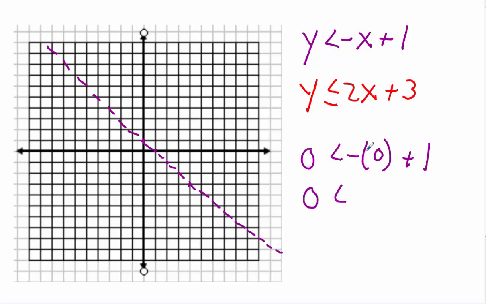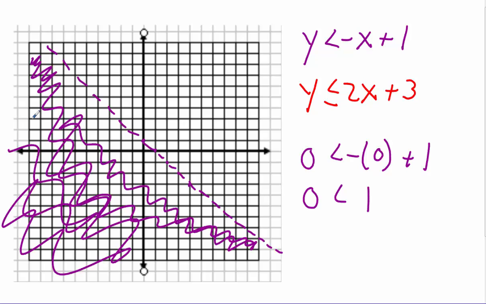Negative times 0 is 0, plus 1 is 1. And we have an inequality that says 0 is less than 1. That is a true statement. Since the point we chose is on the bottom half of the line, and it was a true statement, that is the region of our graph we are going to shade. So this is where we are shading. This is our little region of the answer because it satisfied our inequality.